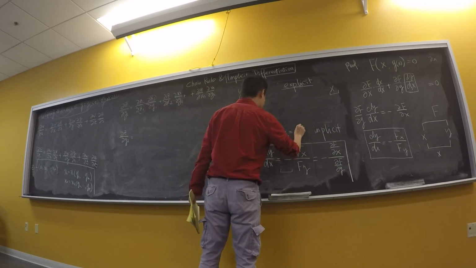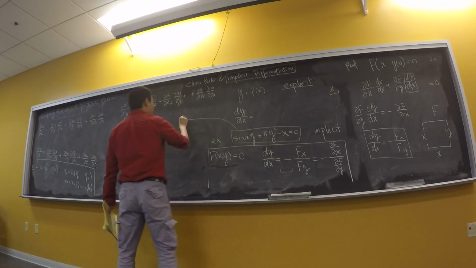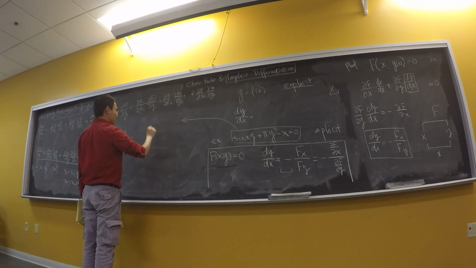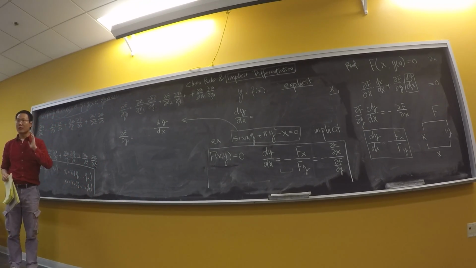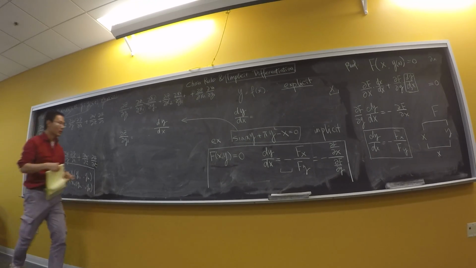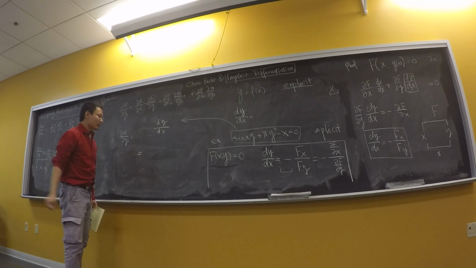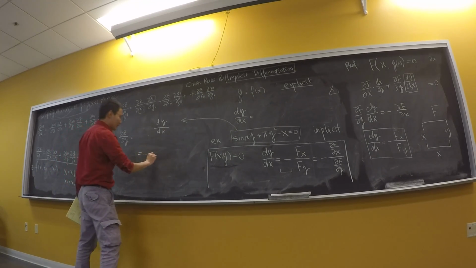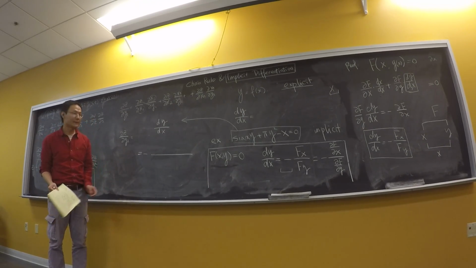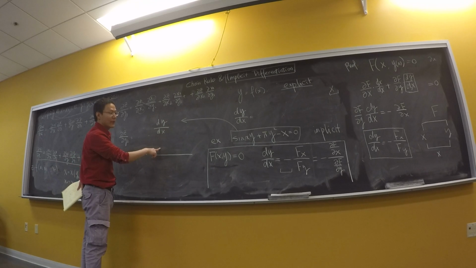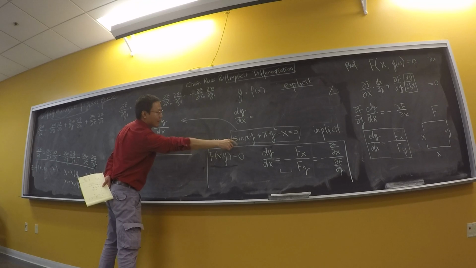So I'm looking at this function, and I want to compute dy over dx. Okay, dy over dx. Remember, you have a minus sign coming from the implicit function theorem. So to remind you not to forget about this minus sign, before doing any partial derivatives, just put a minus sign in front of it. And then the numerator is going to be f with respect to x. So f with respect to x, what do you have?